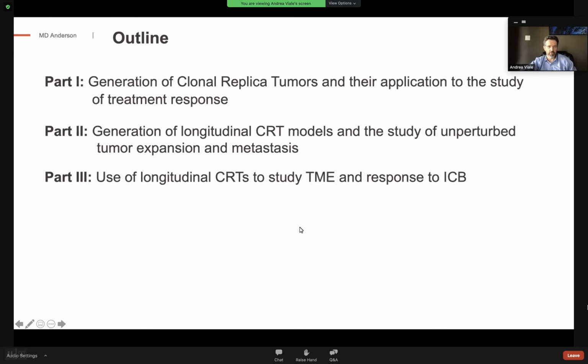This is an unpublished story. And then I'm going to show you some preliminary data about the use of longitudinal CRT to study the tumor microenvironment and the response of tumors to immune checkpoint blockade.